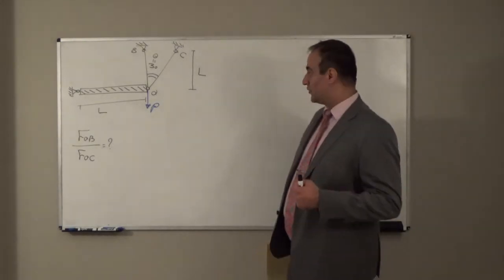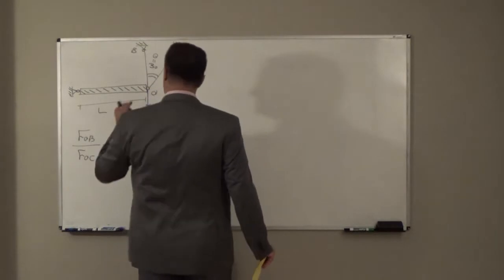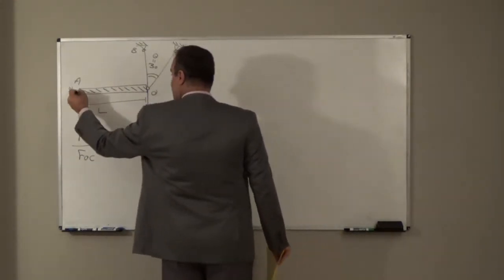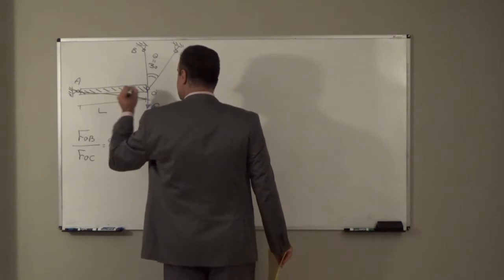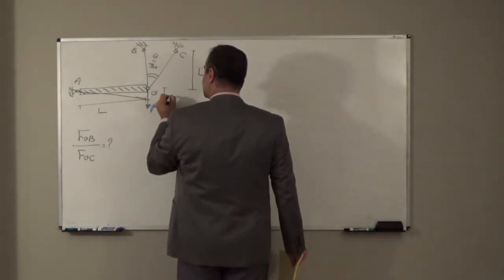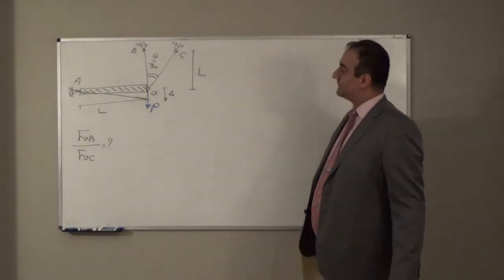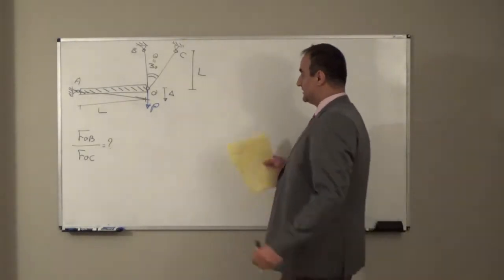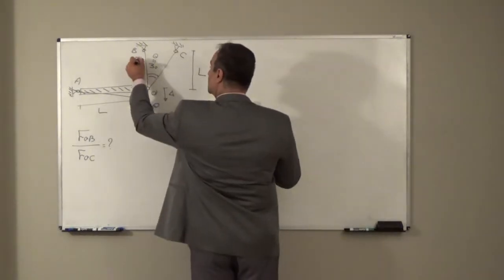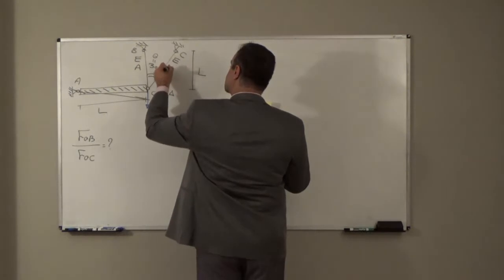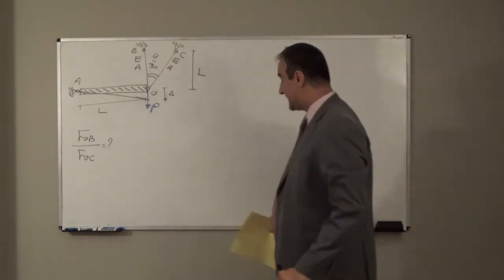If we pull down point O, because this beam is rigid, it will rotate with respect to A, and here we will have a downward deformation delta. Young's modulus is E, cross-sectional area is A.